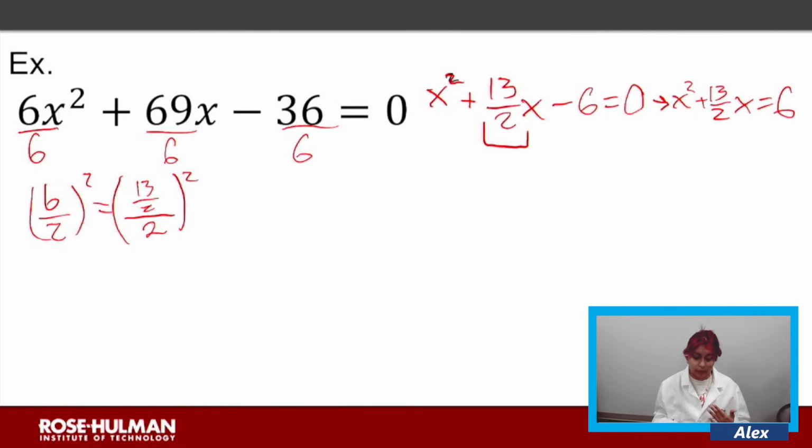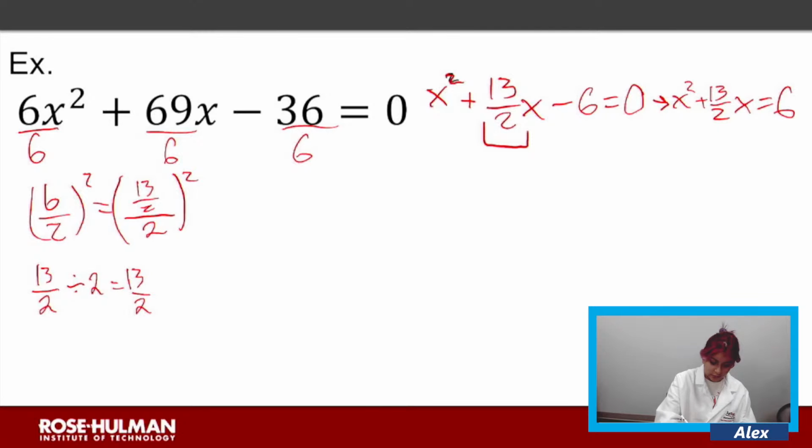Because this is a little bit more challenging since it is a fraction, I'll go ahead and show you how 13 over 2 divided by 2 is the same thing as 13 over 2 times 1/2, which gives us 13 over 4.